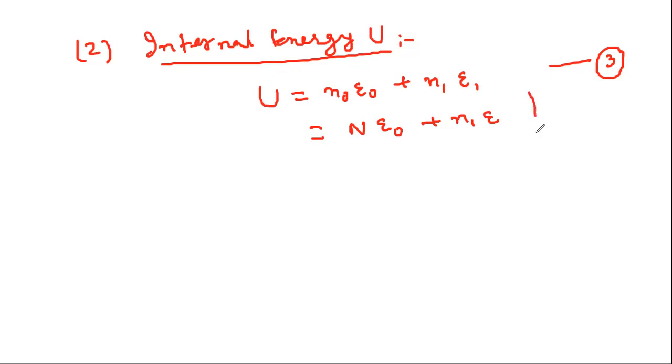As you know, epsilon is the energy difference between the states, epsilon 1 minus epsilon naught, and N is the total number of particles in the system, that is N naught plus N1, right?